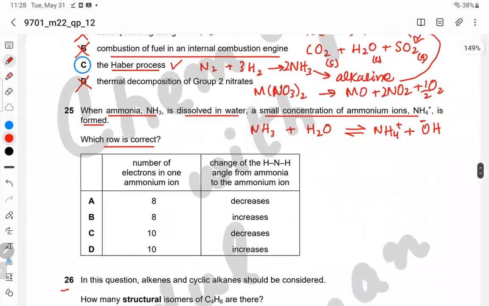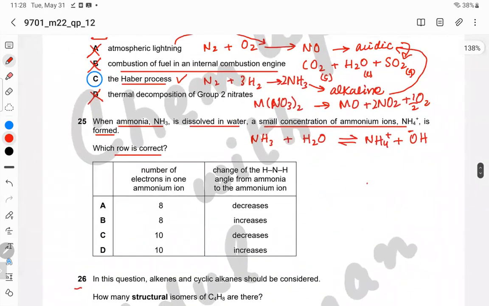Number of electrons in the ammonium ion. So if you make the formula of the ammonium ion, in ammonium ion, nitrogen makes 3 covalent bonds and 1 dative bond.